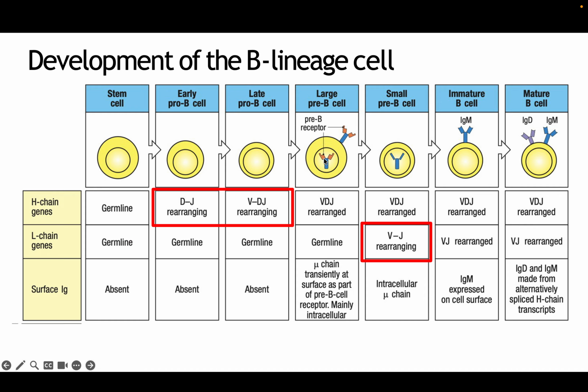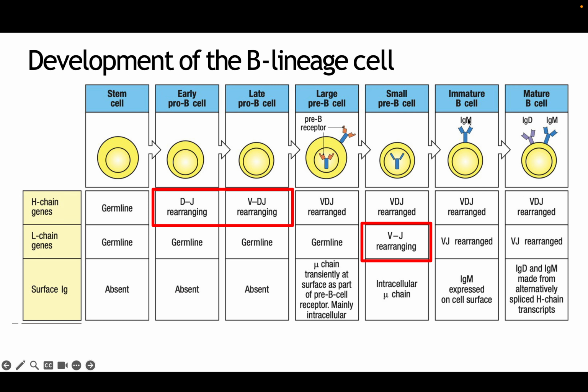So the large pre-B cell enters the small pre-B cell stage, where you start actually having the VJ rearrangement, which creates your light chain. Once you have the light chain done, now you have the full B cell receptor, because you have the full heavy chain and light chain. And now this can be put on your B cell, which gives you your immature B cell. So your immature B cell has a full B cell receptor.